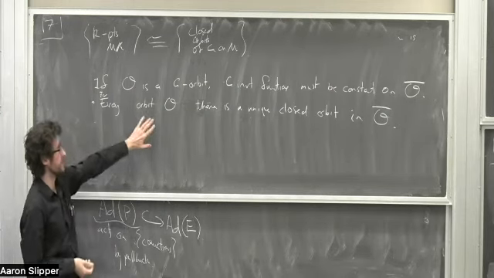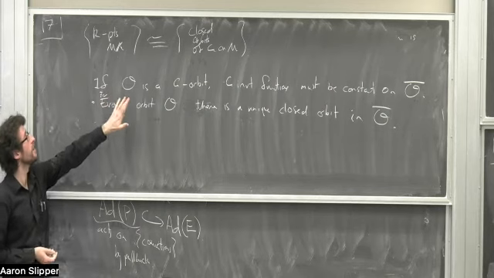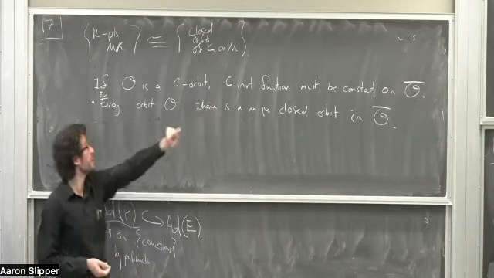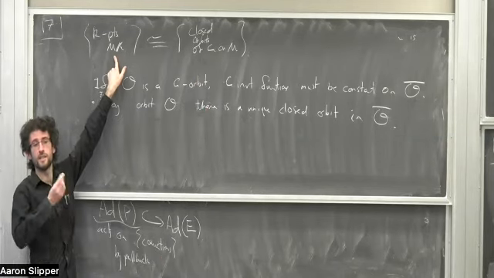Now, I haven't demonstrated this because there's something very non-obvious here, which is that if I take two different closed orbits, we need to find a function that separates the two.